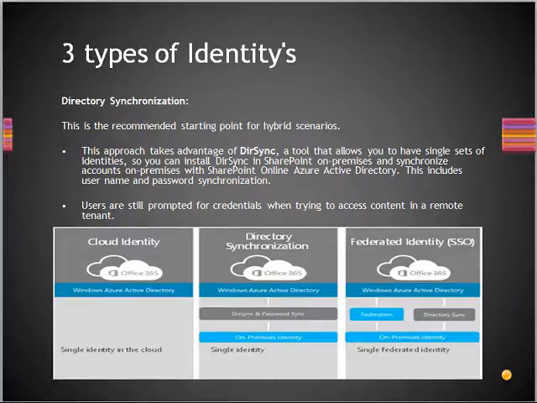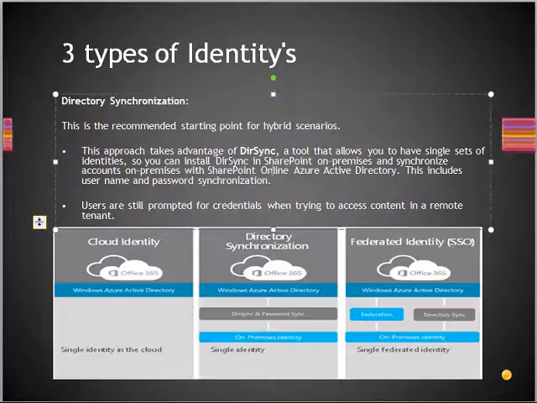Once you install the directory sync on your on-premise SharePoint 2013 server, it will synchronize the on-premise identity with the Windows Azure Active Directory identity. This includes the username and password synchronization. Users are still prompted for credentials when trying to access the data in the cloud, but it's the same username and password.